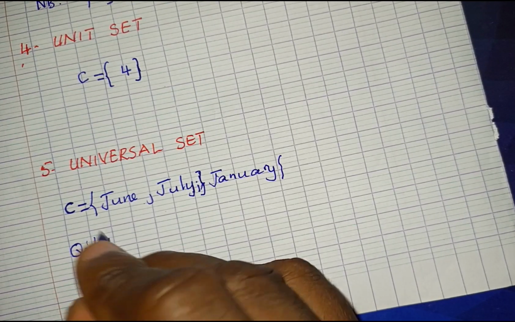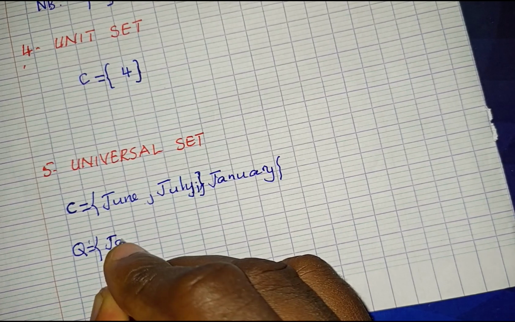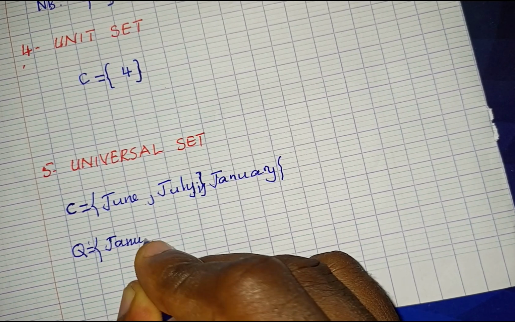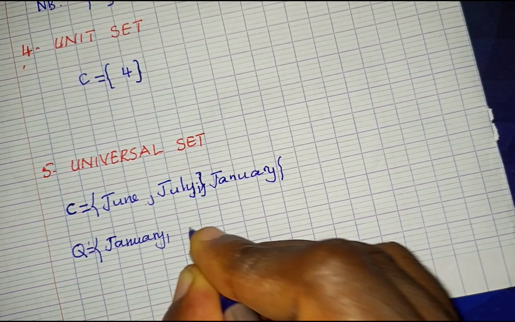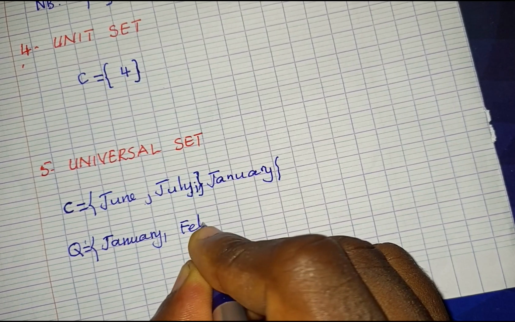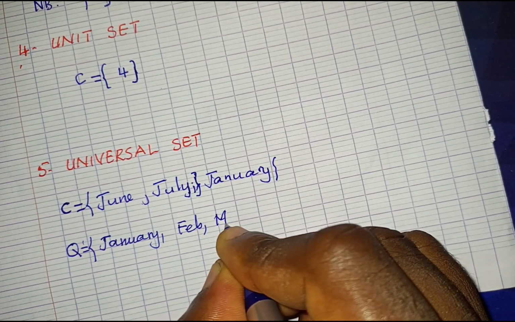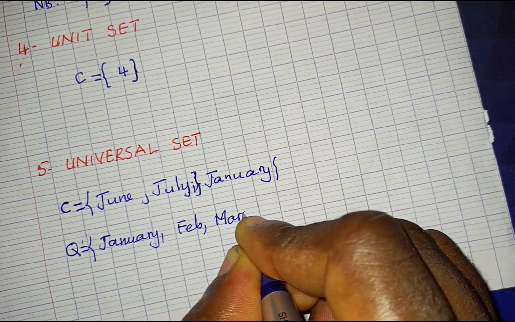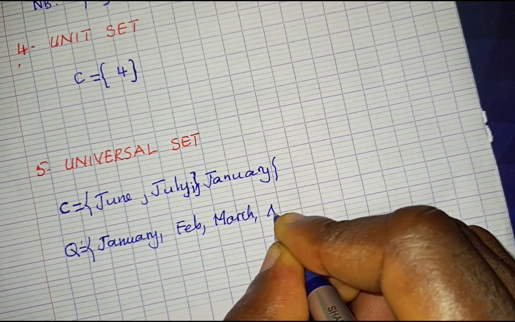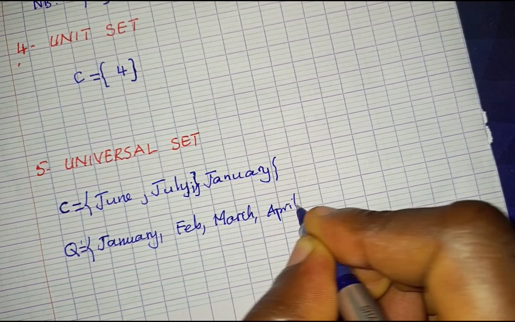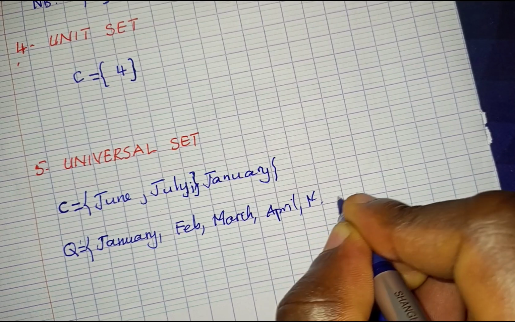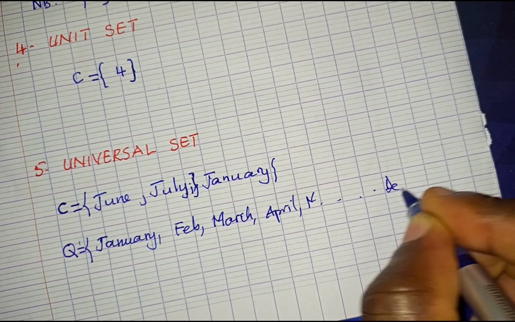All the months of the year starting from January, February, March, April, May, June up to December.